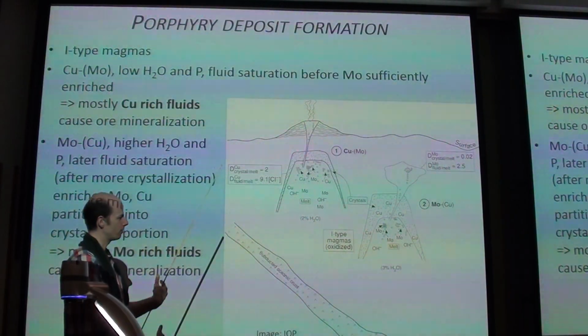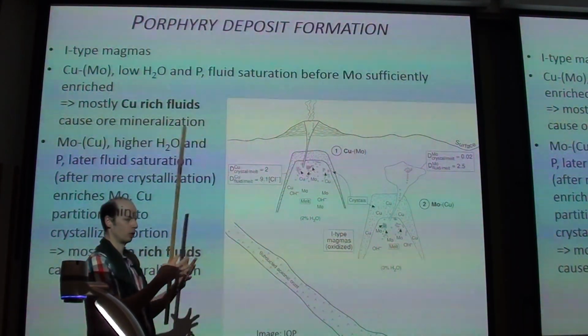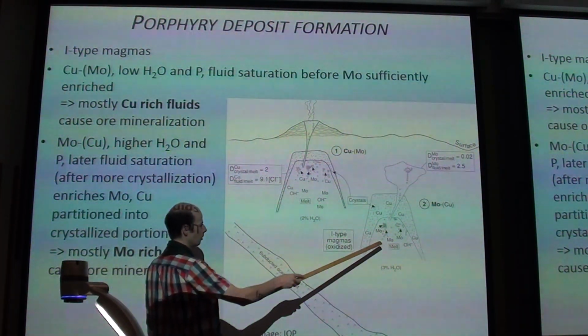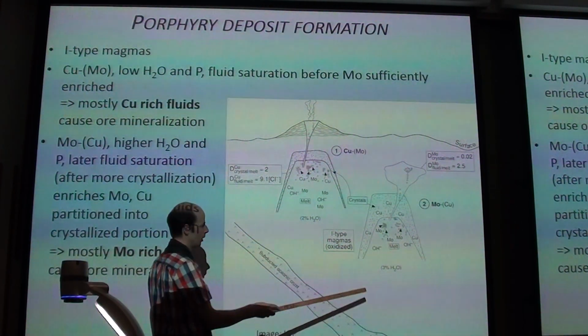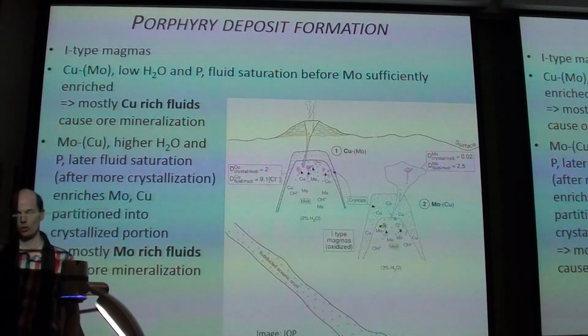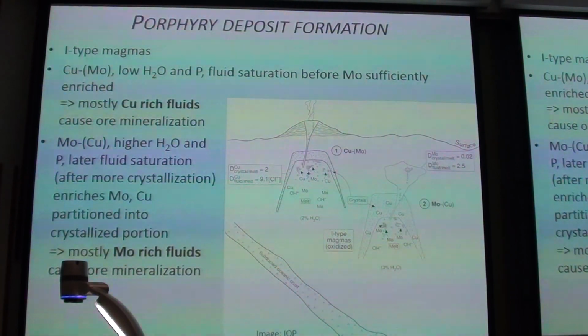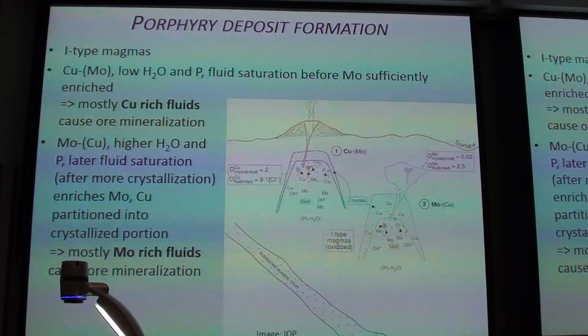So we leave residual melt that is enriched in molybdenum with respect to copper. And once we have crystallized enough of it, we have the second boiling event where water is enriched through crystallization. And at that stage, the fluids will basically scavenge molybdenum over copper.